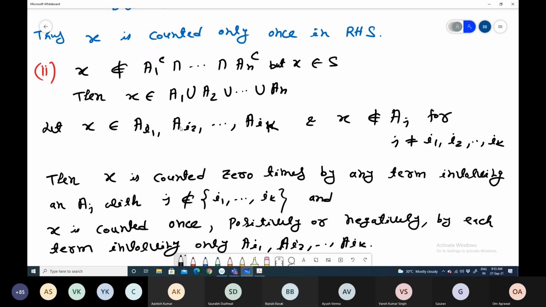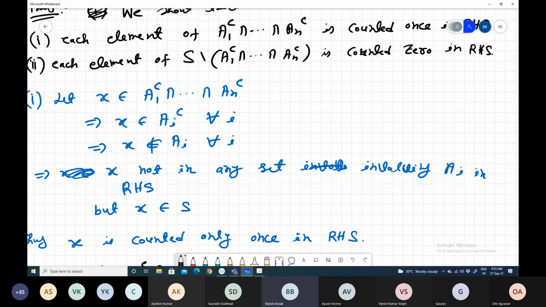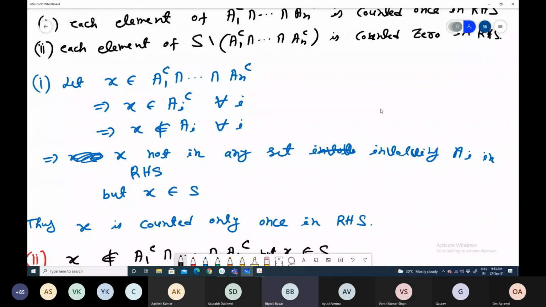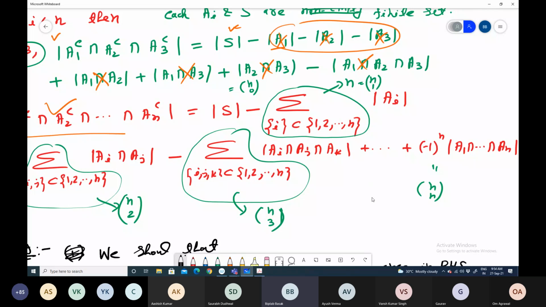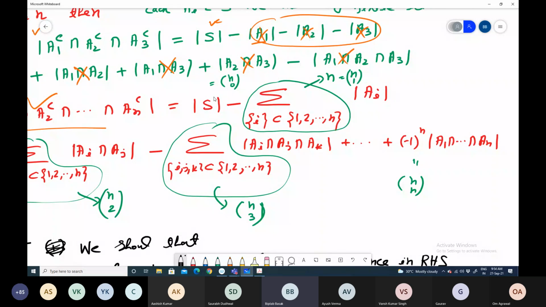Now note what the right hand side terms are. If you look here, the right hand side terms are there. Now tell me, is X in this set? Yes or no? Yes, X is in this set because X is in S. Now how many sets are there from this one?